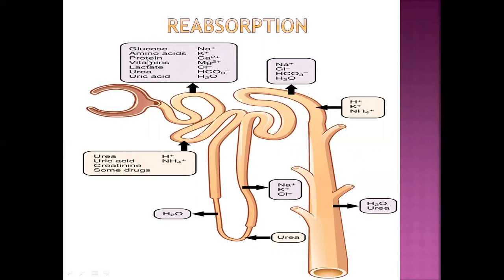Glucose, amino acids, protein, vitamins, lactate, urea, uric acid. Urea, uric acid, creatinine, and some drugs are not useful to the blood in large quantity, so they will again enter the proximal convoluted tubule, all the way to the distal convoluted tubule. Exchange and re-exchange will occur.